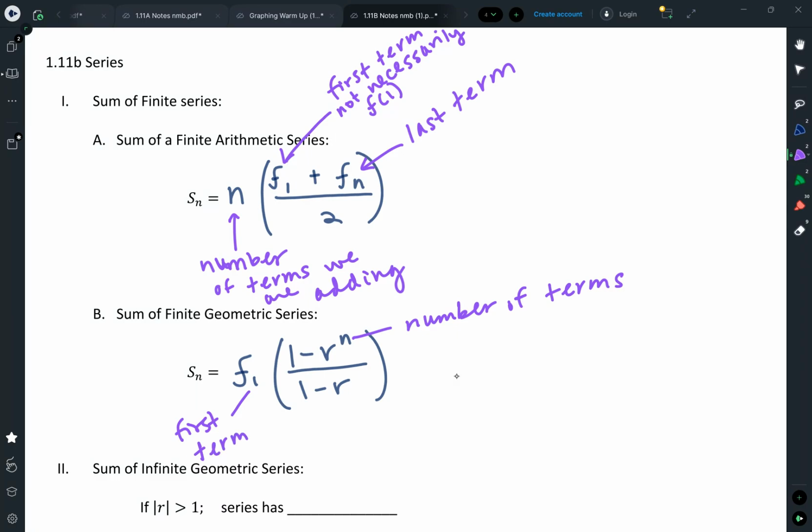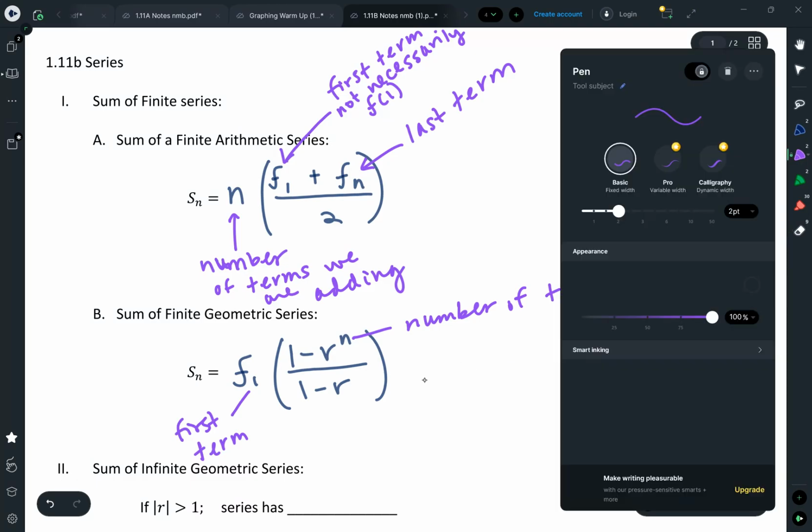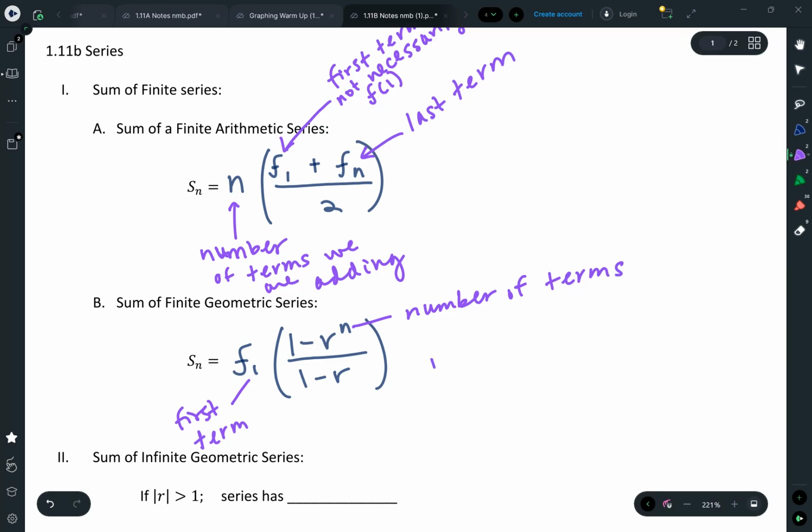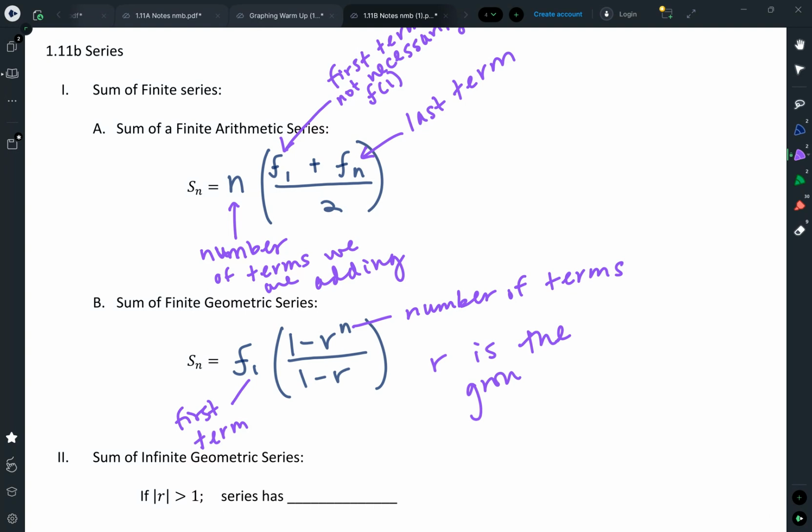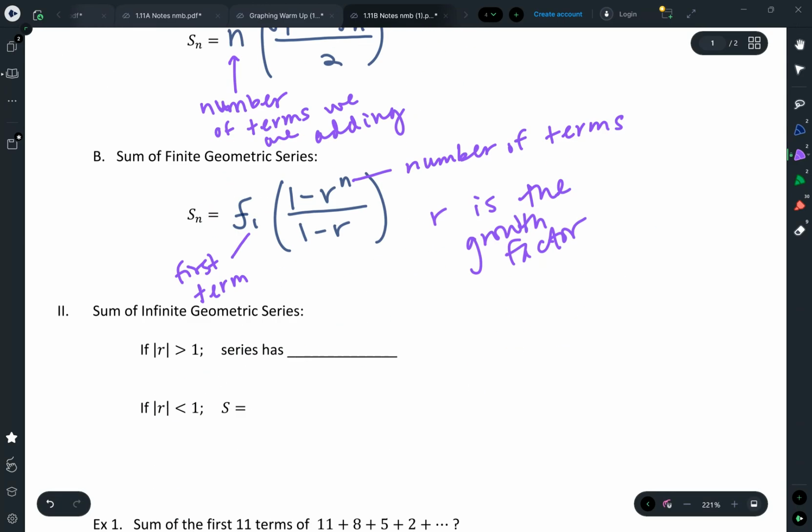And then r is going to be, I don't think I want to write a minus sign there. It looks kind of like a minus sign. Maybe we'll just write it as r is. r is the growth factor. So that's the multiplier, the one we're multiplying by every single time. Our ratio, our common ratio.